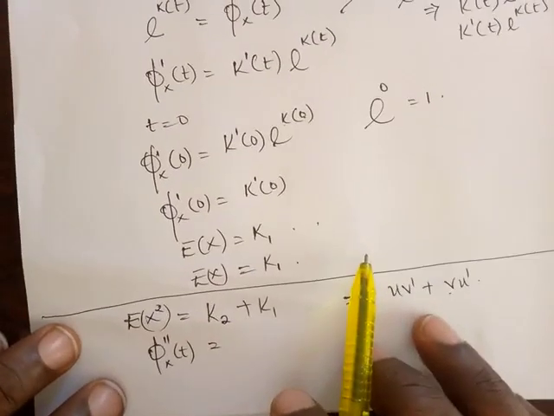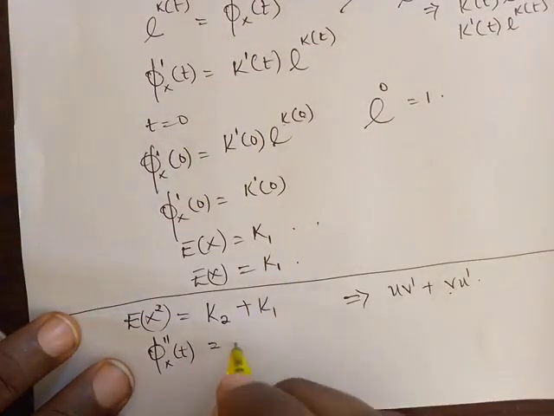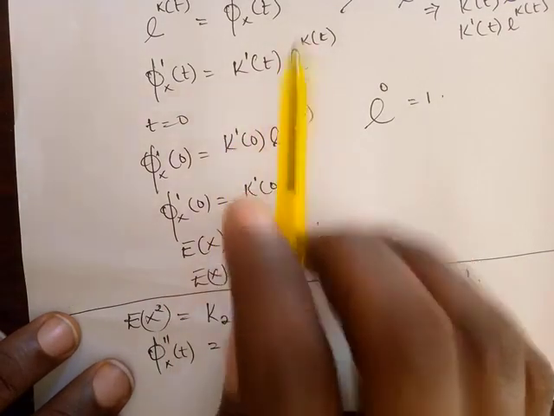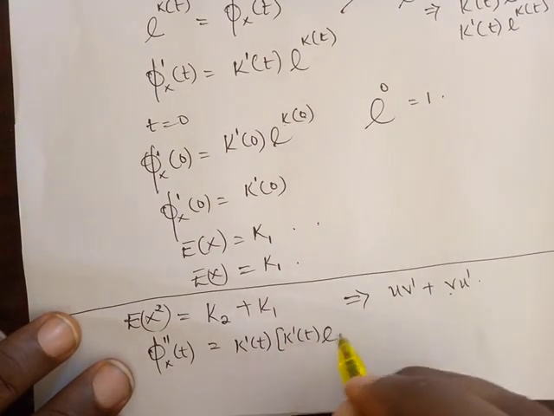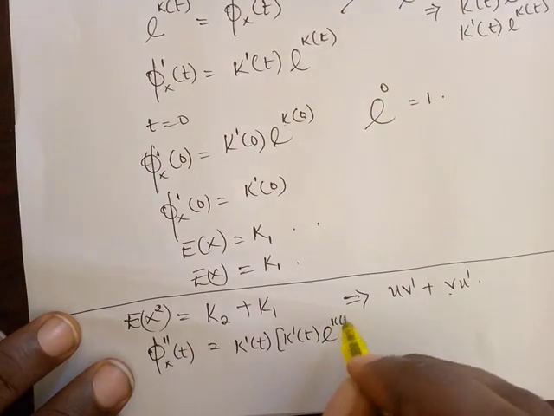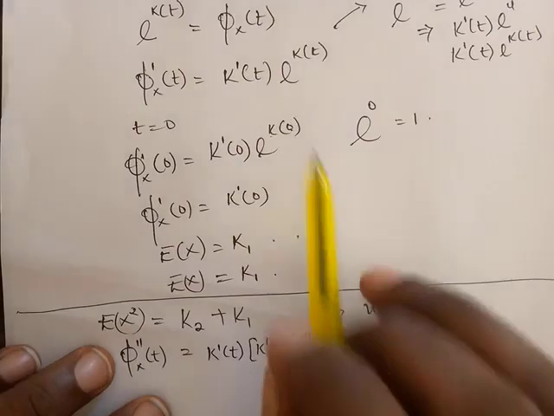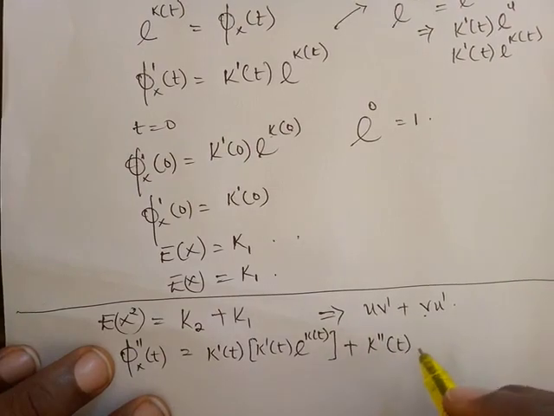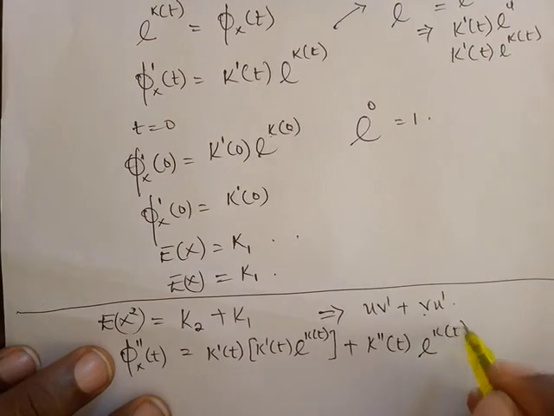In doing that, if we take this as our u, we'll be having K prime(t), and we differentiate this, we'll be having K prime(t) exponential K(t), plus, if we keep this and we differentiate this, we're having K double prime(t) times v.